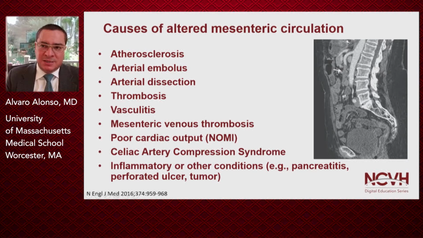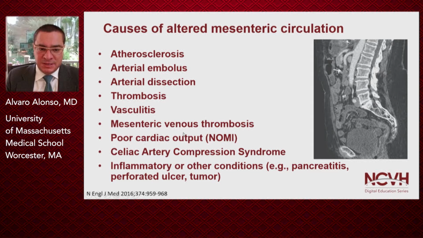Mesenteric ischemia is caused when there is an imbalance between the supply and the demand for nutrients and oxygen in the mesenteric circulation. Most frequently, we will talk about atherosclerosis as being a cause of typically chronic mesenteric ischemia, but you could also have arterial emboli, dissection, which tend to cause acute mesenteric ischemia, arterial in situ or venous thrombosis, or vasculitis.